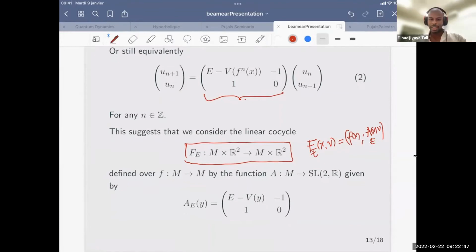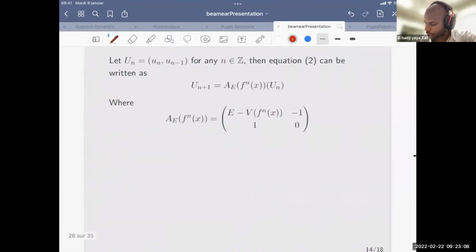So what we have done so far. We start with an eigenvalue equation. This is very difficult to solve. We translate it to a problem of finding trajectory of linear cocycle. So this is a problem that we know very well. We understood it in dynamical systems, in ergodic theory, to be more precise. So you can write it in this term, doesn't matter.